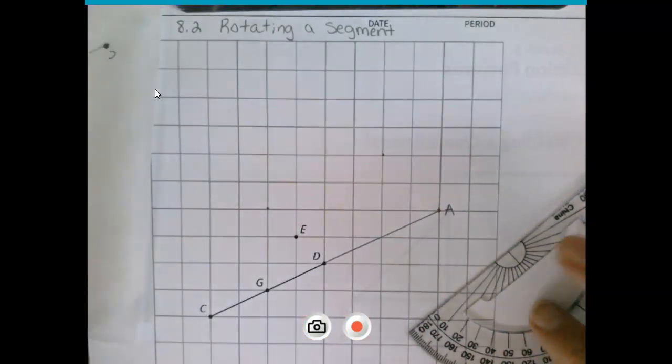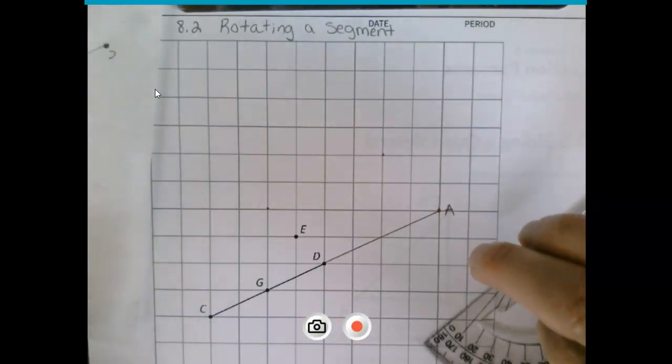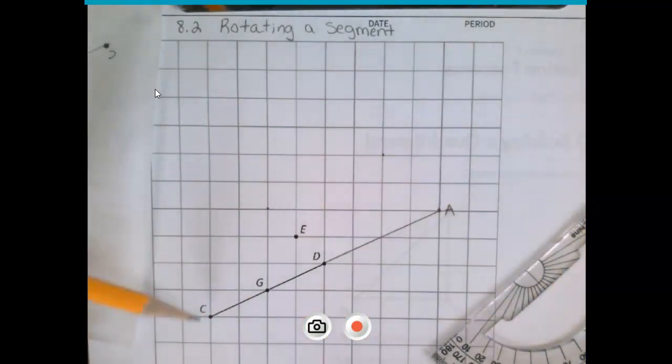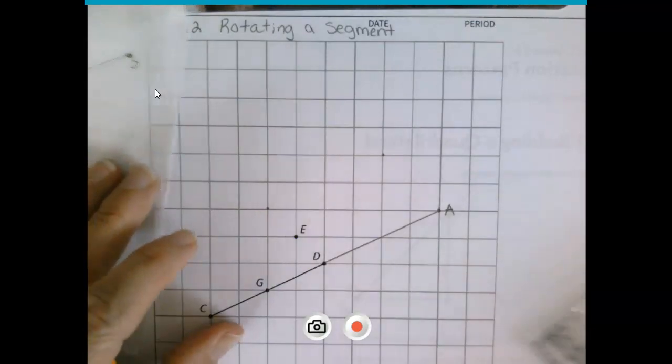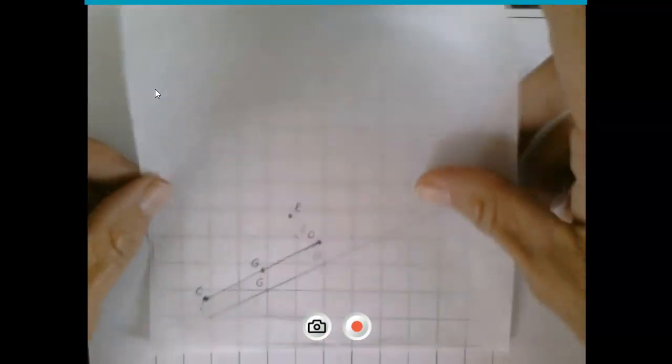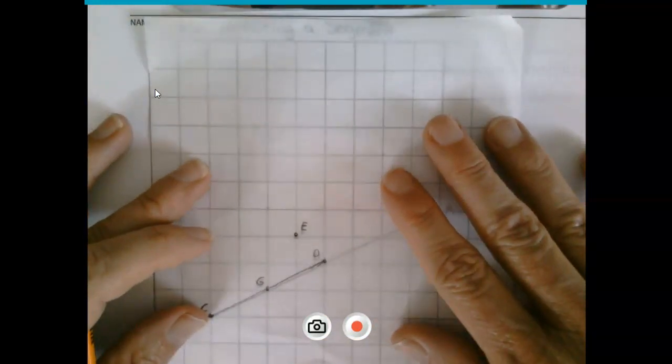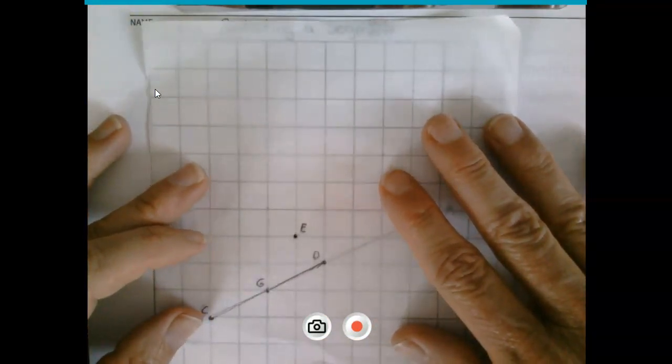All right. So then our next question says, rotate segment CD, just this part right here again, 180 degrees around point E. Here's your point E. So just the same as last time, it really didn't tell us which direction to go, so we're going to try it both ways. So first thing I'm going to do is get my tracing paper, line it back up real nice and neat.